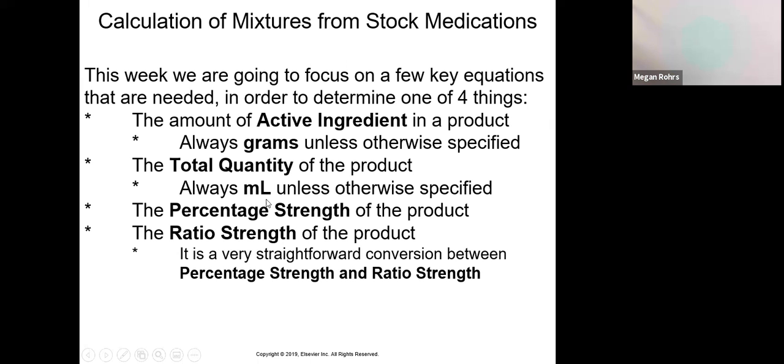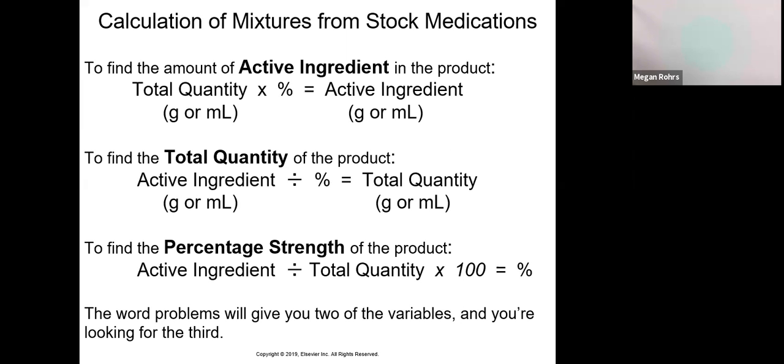We're going to talk about ratio strength in the next lecture. So that's in the next video. I will cover that here in a little bit. The rest of these slides kind of go through some shortcut equations. I don't recommend trying to memorize these equations. I would really like you to be able to solve these questions using ratio and proportion like we have.